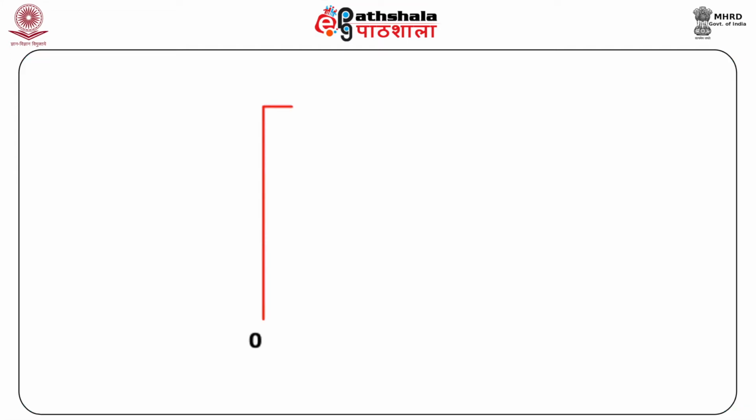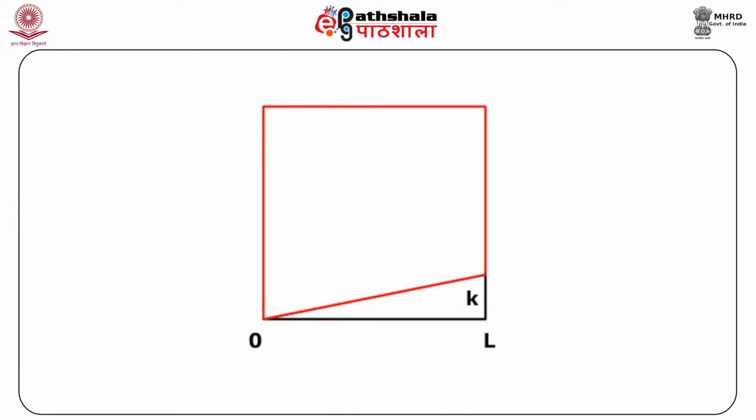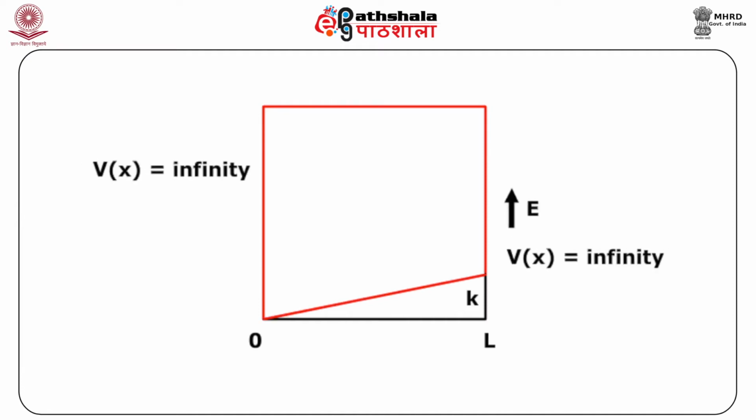As you have already learned, we first of all have to understand how to start with this. Here we consider a particle of mass m in a one-dimensional box. This box is along the x-axis, and you can see here that its bottom is slanted.